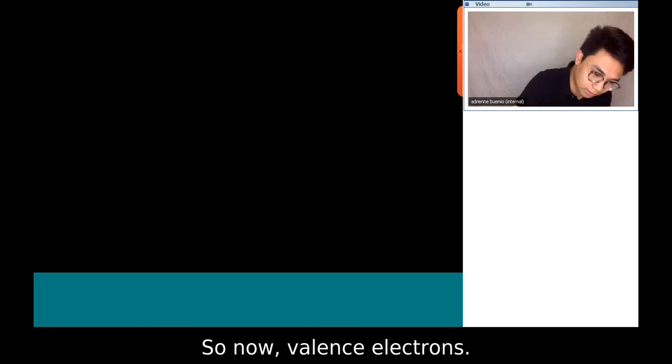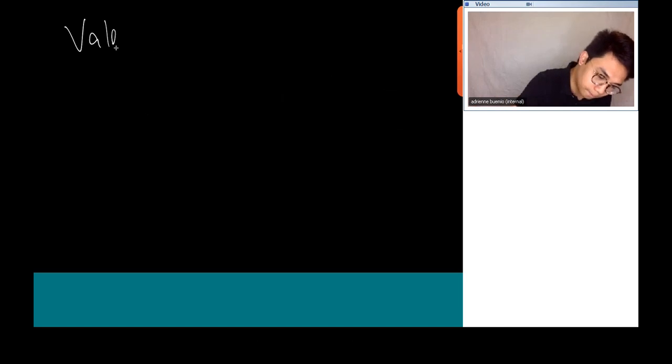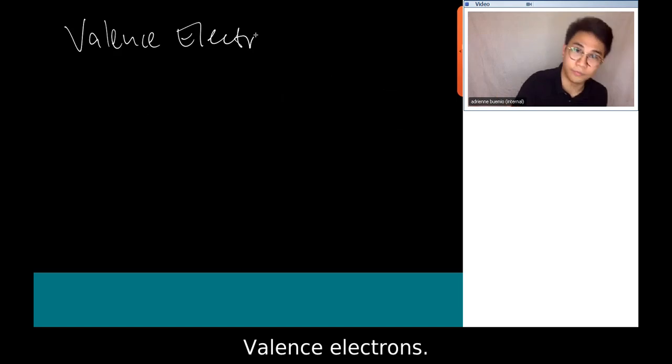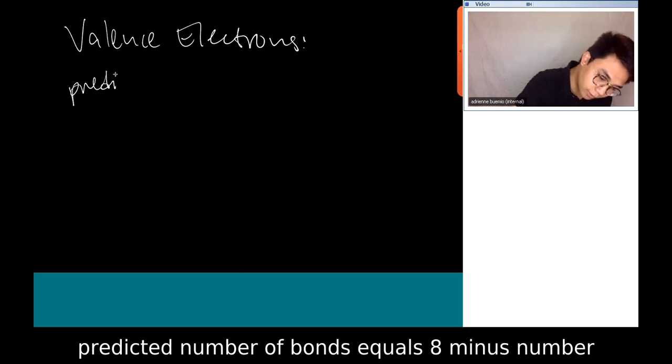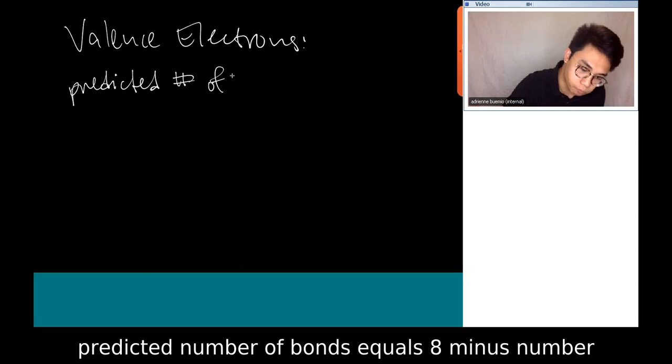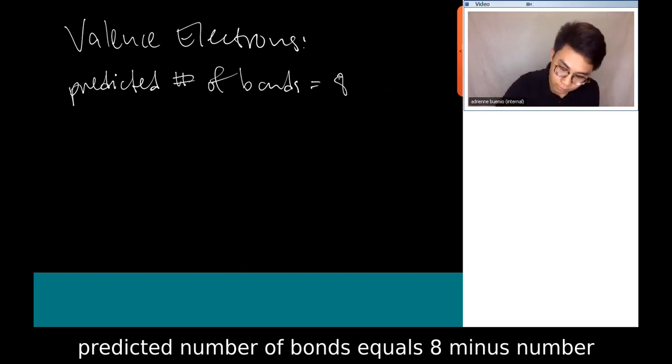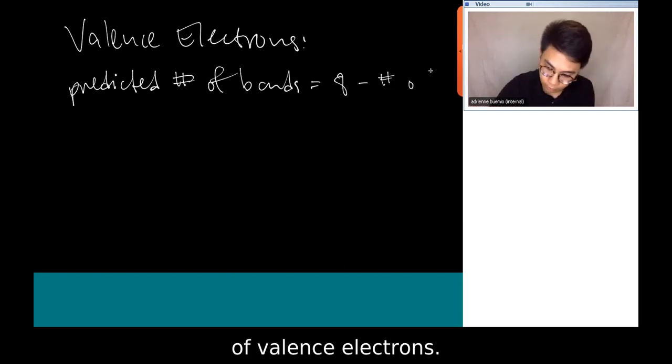So now, valence electrons. Pretty much all you need to know: predicted number of bonds equals 8 minus the number of valence electrons.